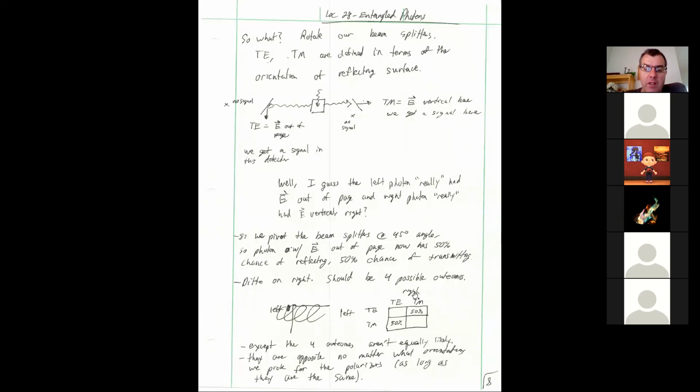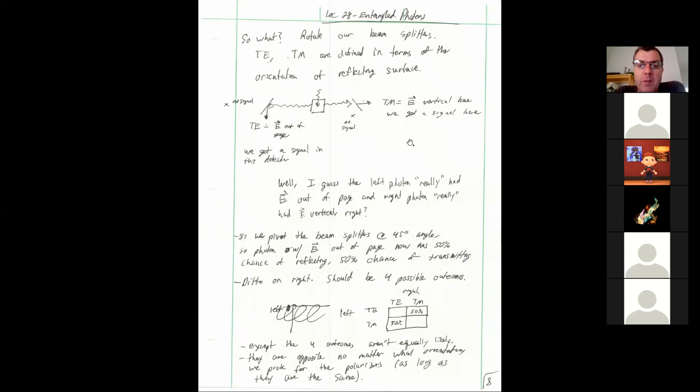But here's the weird thing. 50% of the time, this one reflects and that one transmits. And 50% of the time, this one transmits and that one reflects. So no matter what we do, if I set this one up to select between into the page and vertical, and I set this one up to select between into the page and vertical, they're anti-correlated. If I set this one up on the left to select between 45 degrees this way and 45 degrees that way, so plus 45, minus 45, and I set this one up to show plus 45, minus 45, again, I get this.